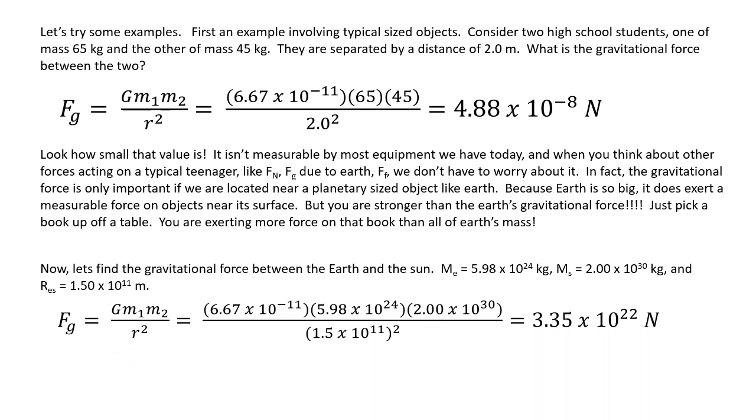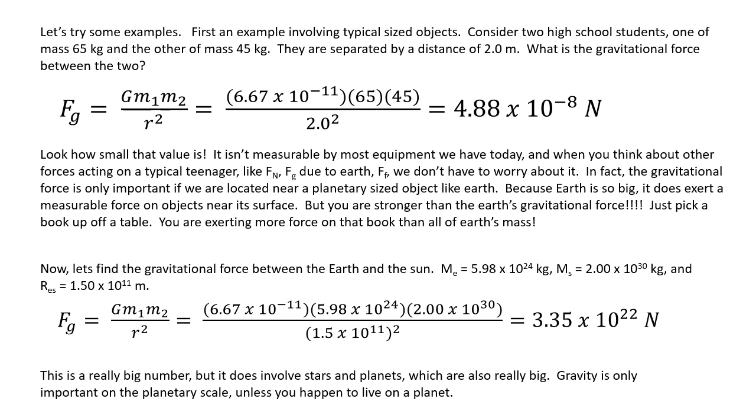If I put all those numbers into the NULG equation, I get a value of 3.35 times 10 to the 22nd newtons. That's a big number, but it does involve stars and planets, which are also really big. Gravity is really only important on the planetary scale unless you happen to live on a planet. Because we live so near or right on a big planetary mass like Earth, gravity does become important.